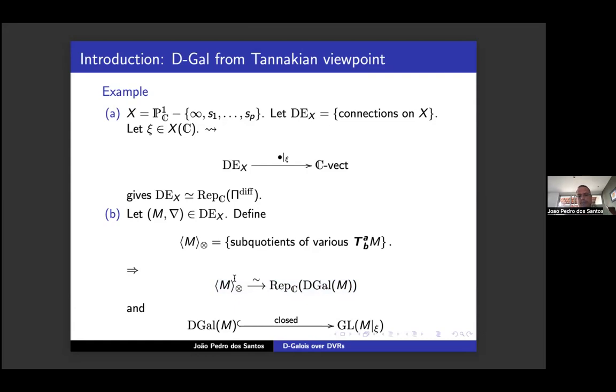But in any case, because you have just one generator, the map that you get to the corresponding GLM is a closed embedding. So your D-Gal is an algebraic group.